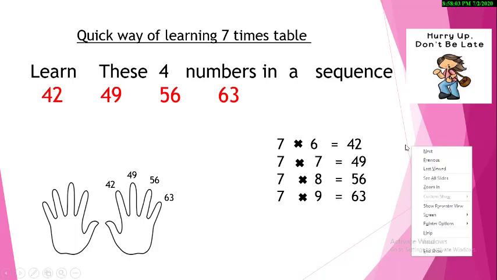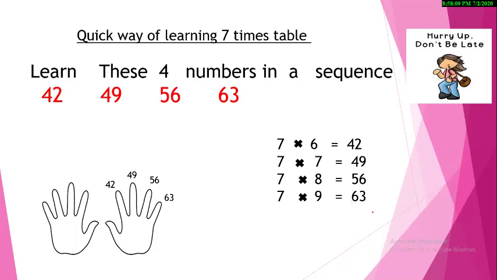Let me get my pen and mention it: yes, this is my pen. These fingers represent 6, so just keep in your mind that this is 6. 6 7s are, 7 7s are, 7 8s are, and 7 9s are.